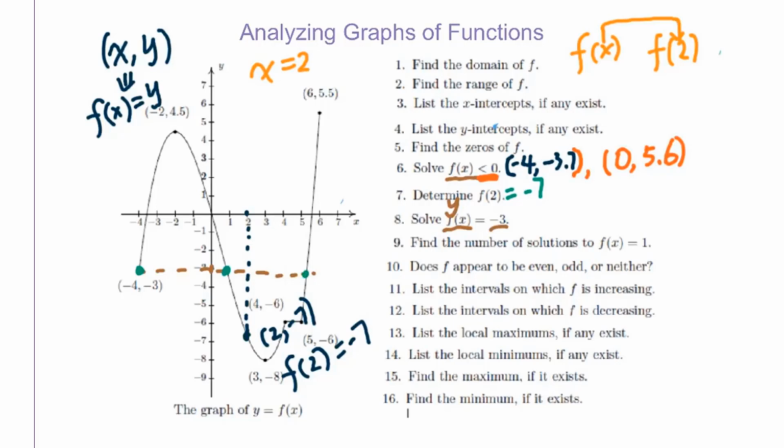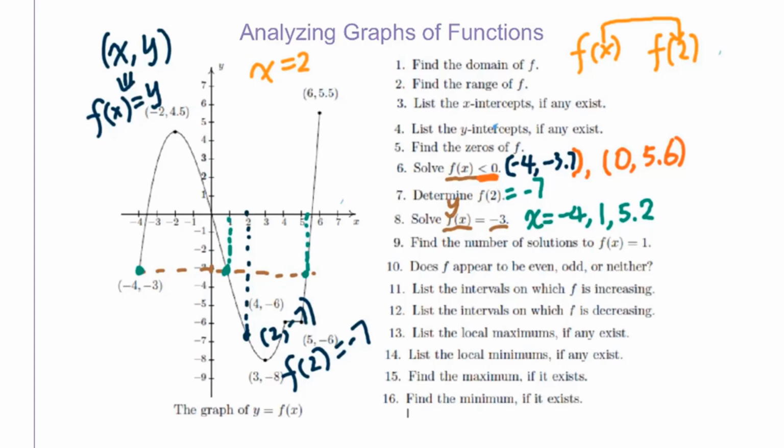You will have 3 solutions. X equals -4 is the first one. Then for the others, just estimate. Let's do 5.2.